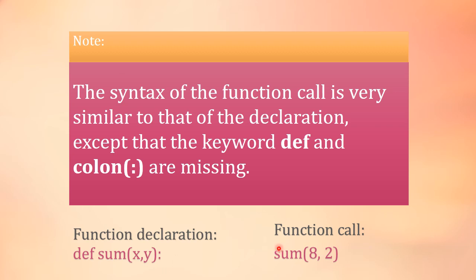The function call of this function declaration is just the name of the function and the values passed in the parameters. There is no colon at the end, as well as there is no keyword def. And this is the function call and this is a function declaration.